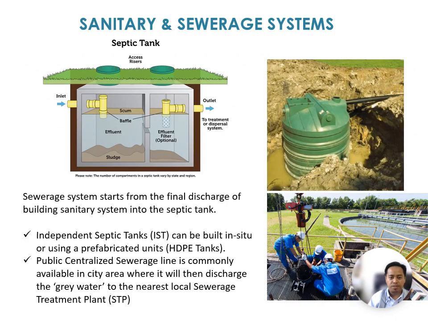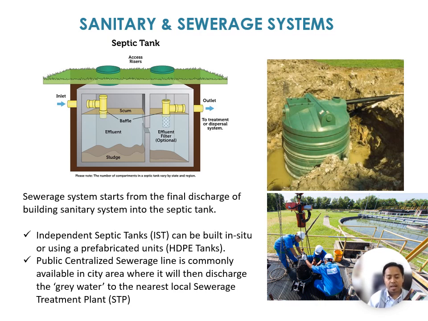Alright, now let's move on to the sewerage system. Sewerage system starts from the final discharge of the building sanitary system into the septic tank. Basically, there are two types of sewerage system. One is using an independent septic tank or IST, which can be built in situ, or using prefabricated units, well known as HDPE tanks.